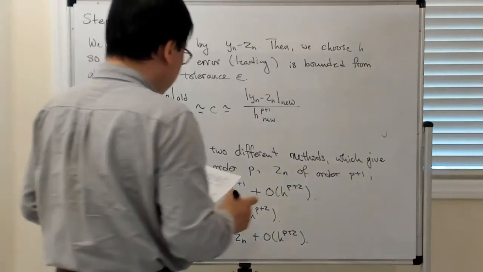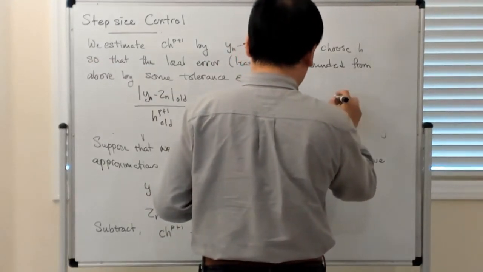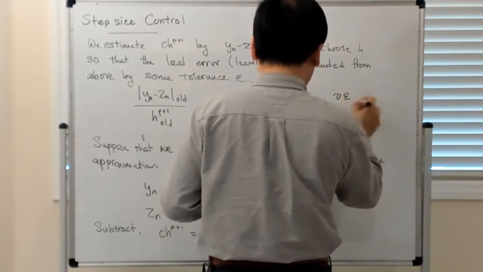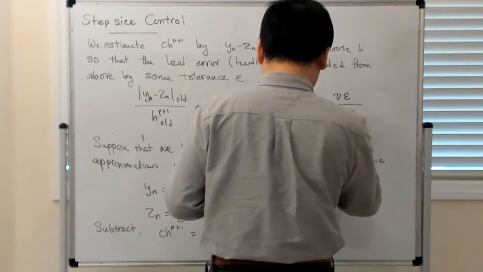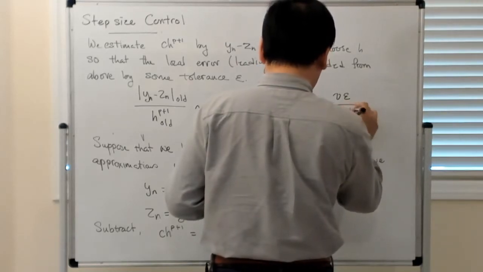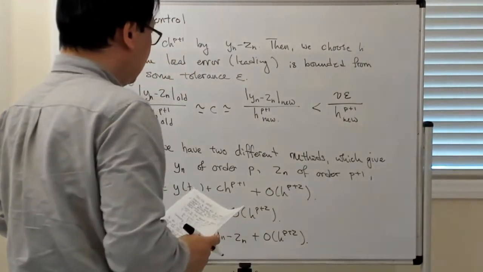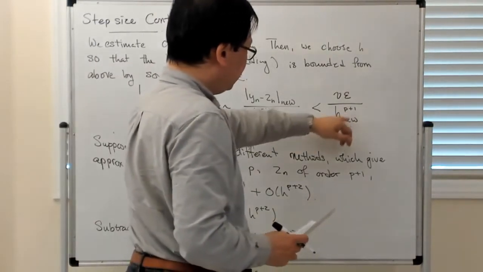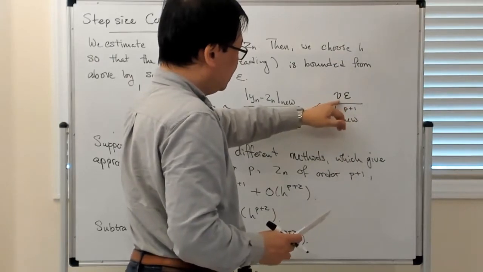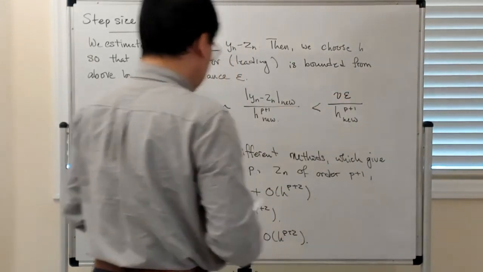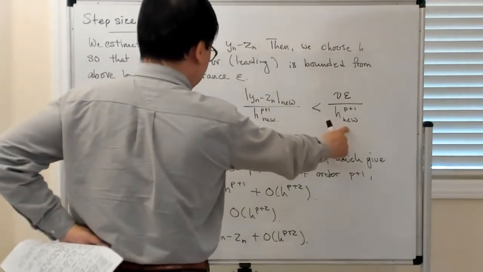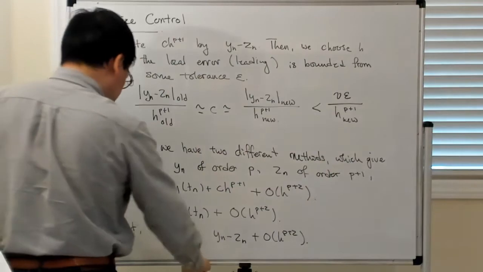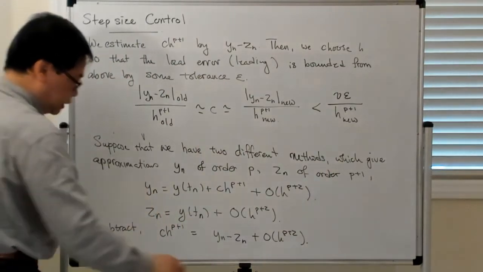And we want this to be less than some safety factor times this tolerance epsilon divided by h new to the P plus 1. That's because we want C times h to the P plus 1 new to be less than the safety factor times epsilon, because Ch to the P plus 1 is the leading truncation error term for the Yn estimate.